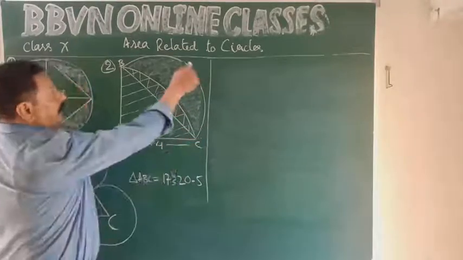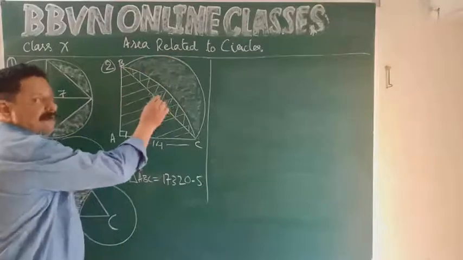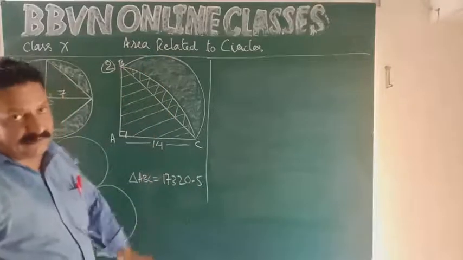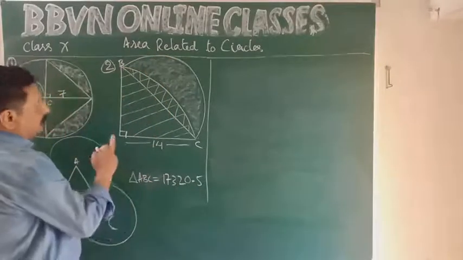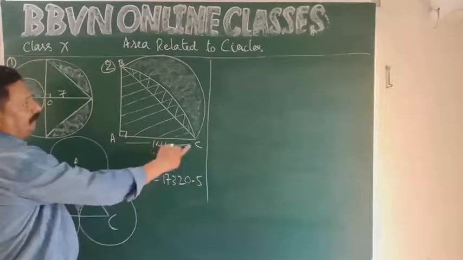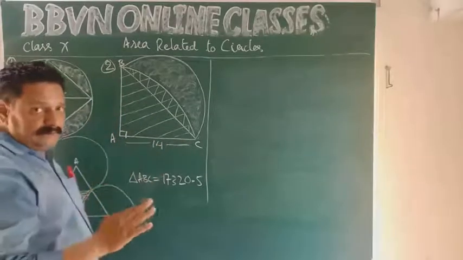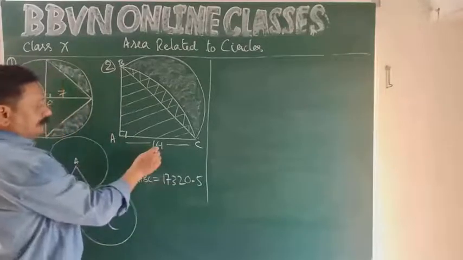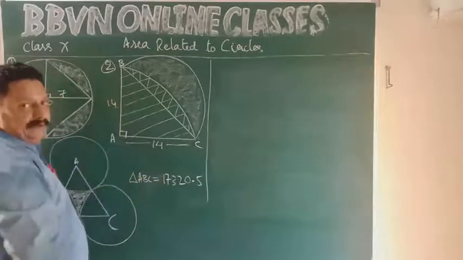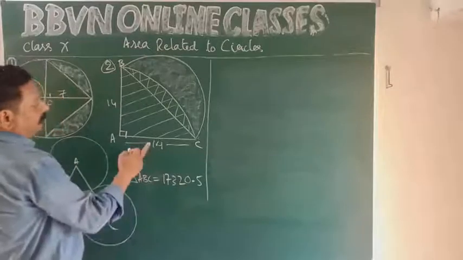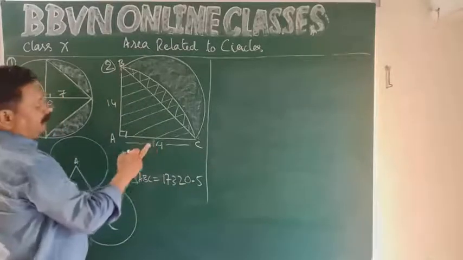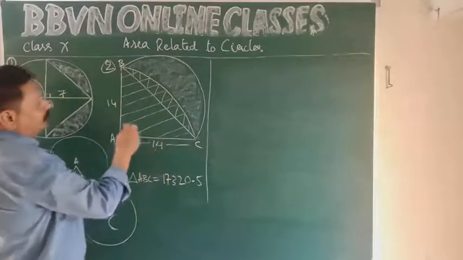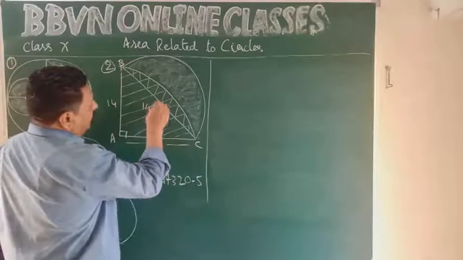So, to find the area of this semicircle, we need to find the radius or diameter of this. Since ABC is a triangle inside a circle, it's a quadrant, right? 90 degrees. So, this is radius, this is also radius, 14. By Pythagoras theorem, BC will be under root of 14 square plus 14 square, that is 14 under root 2.